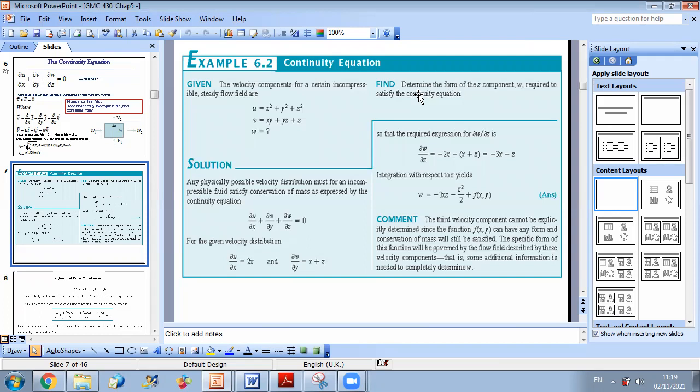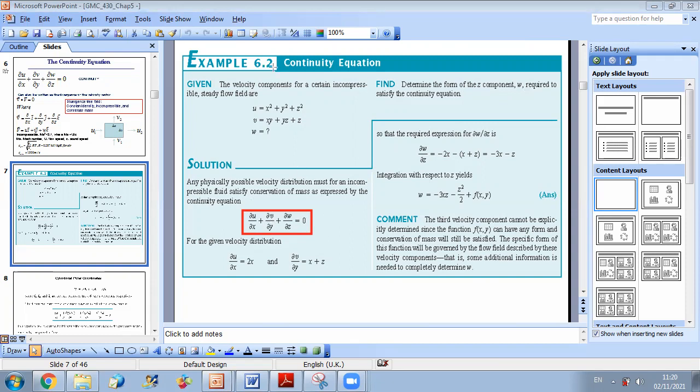We want to determine the form of the z component, w, of the velocity field required to satisfy the continuity equation. So in order to satisfy the continuity equation, the condition to meet is that del u by del x plus del v by del y plus del w by del z equals 0. So all we have to do here is to apply this formula.